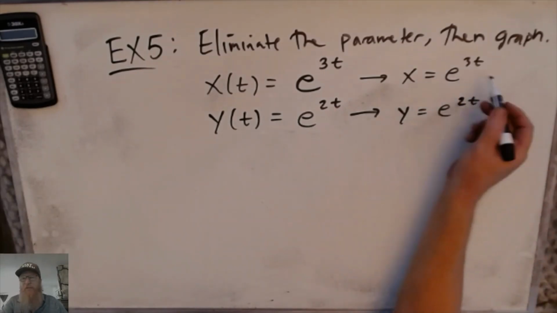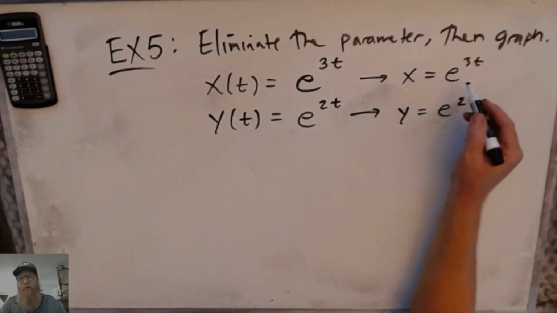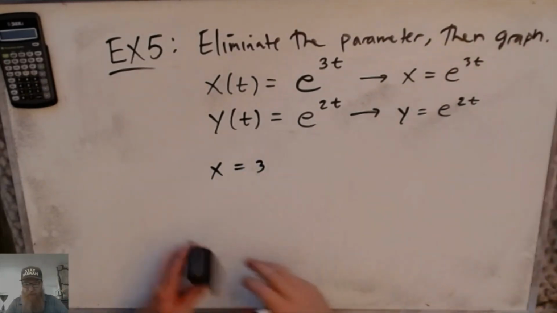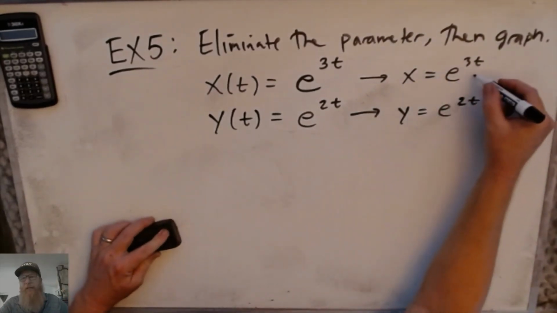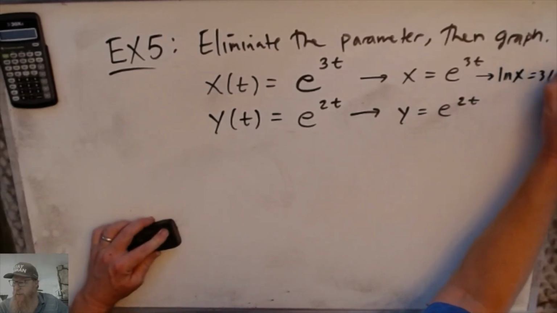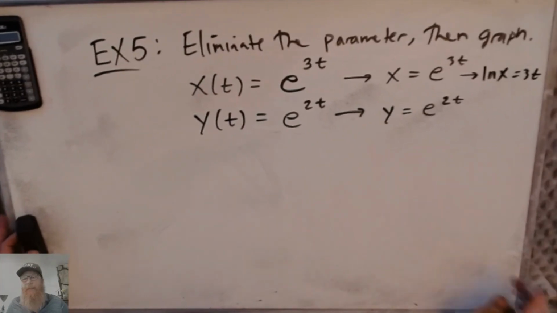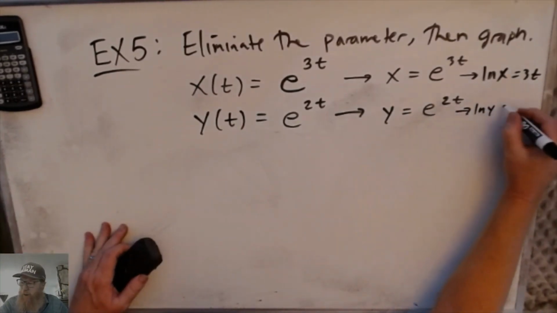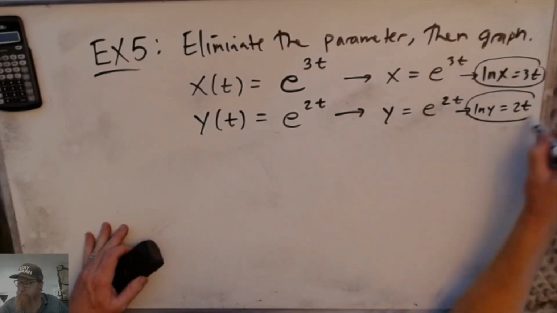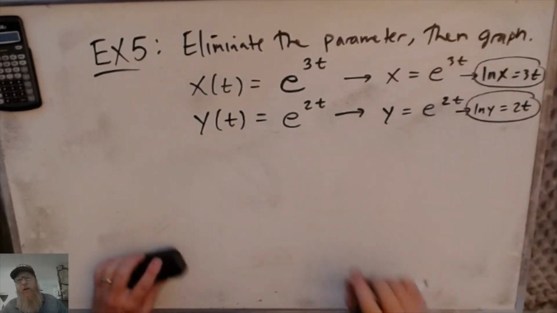And now you want to solve these using logarithms. So if x is equal to e to the 3t, then ln of x is 3t. And this one means ln of y is 2t.